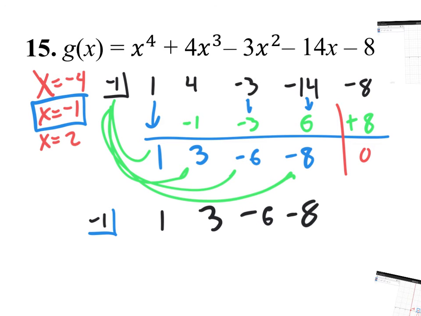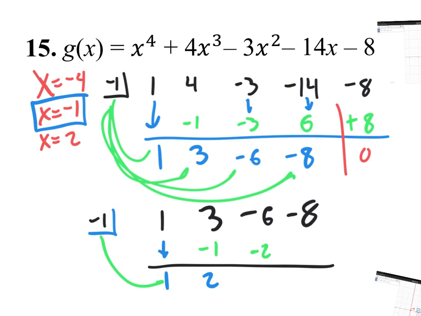Anyhow, when we do this, just to prove that the -1 works, 1 comes down, multiply. 3 and -1 is 2, and then you multiply, it'll give you -2. As you come down, combine, -8. As you go up, multiply, +8.